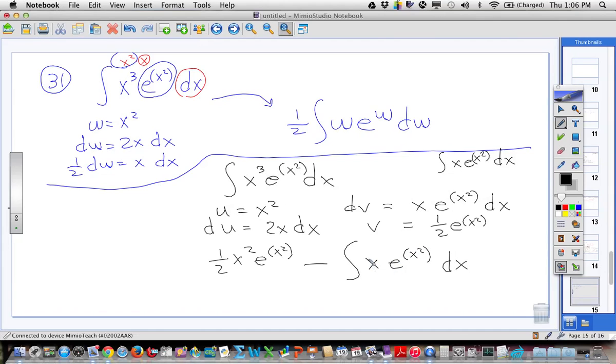You let u be that, and so this ends up actually being 1/2 e to the x squared plus c. So the whole thing. And if you work that out the way we're talking about doing the integration by parts, you'll end up in the same place. But don't worry about that one for the gateway, with all those different moving parts.